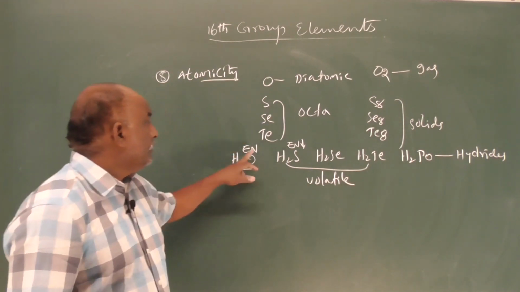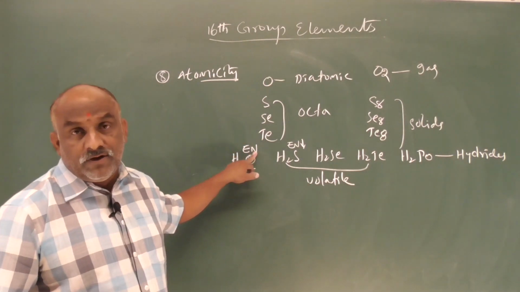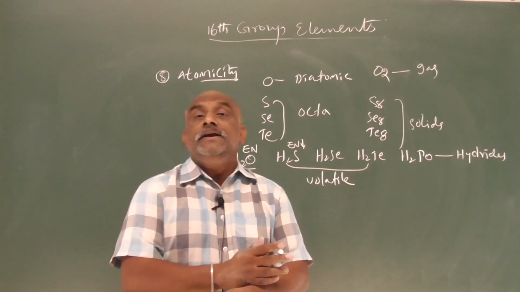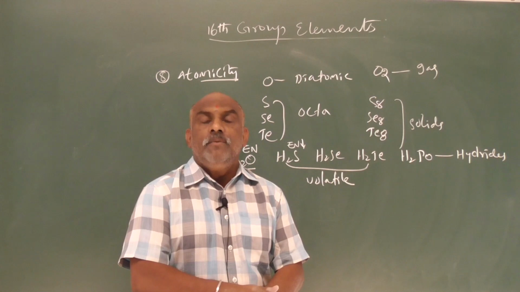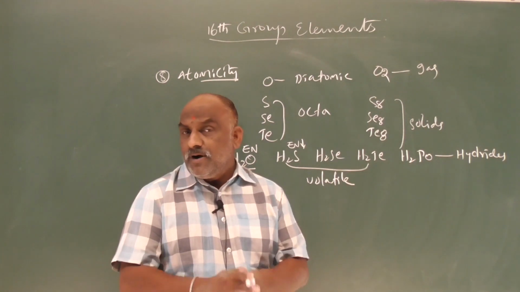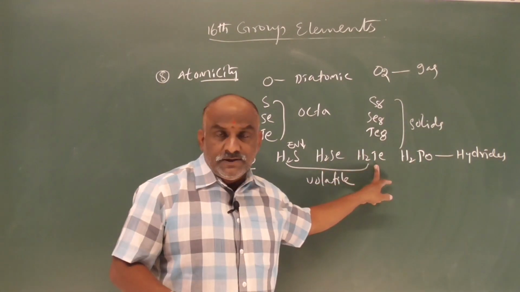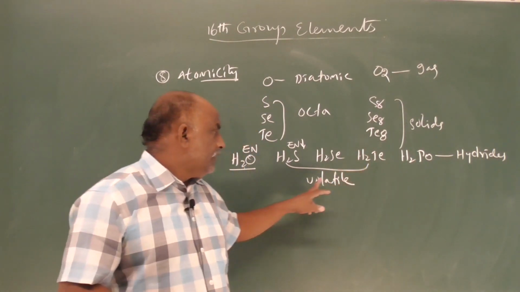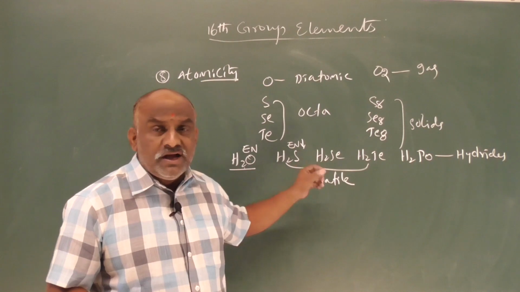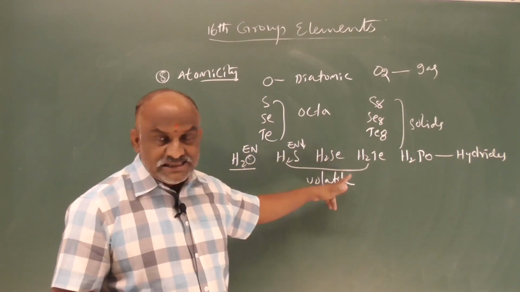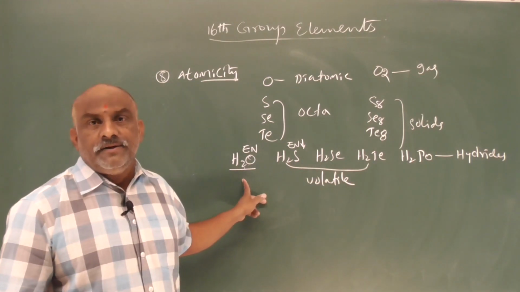What is the reason? Due to the higher electronegativity of the oxygen atom, it is associated with intermolecular hydrogen bonding. Such bonds are not observed in H2S, H2Se, H2Te. Due to that, the remaining are volatile, poisonous gaseous compounds.